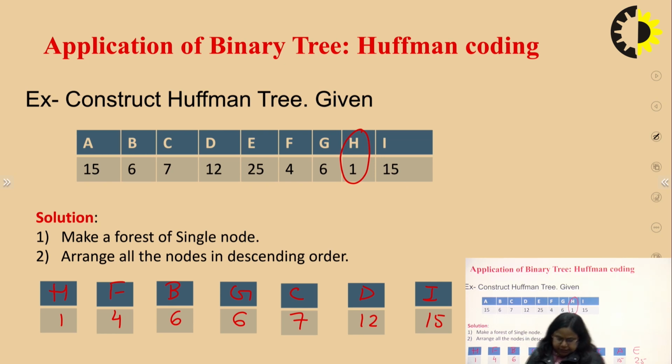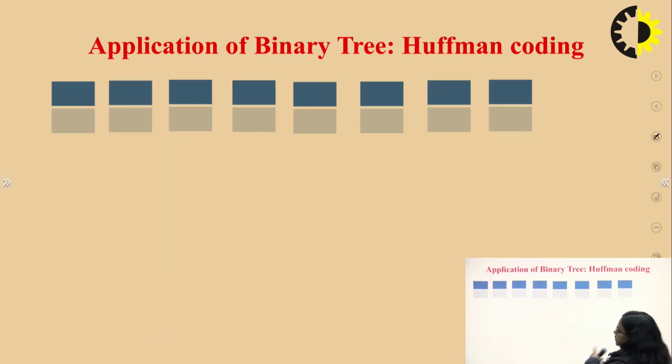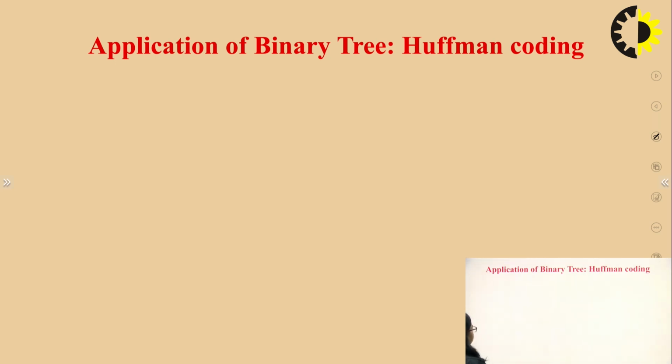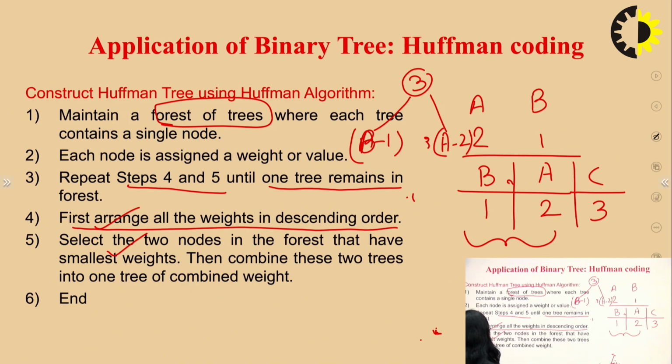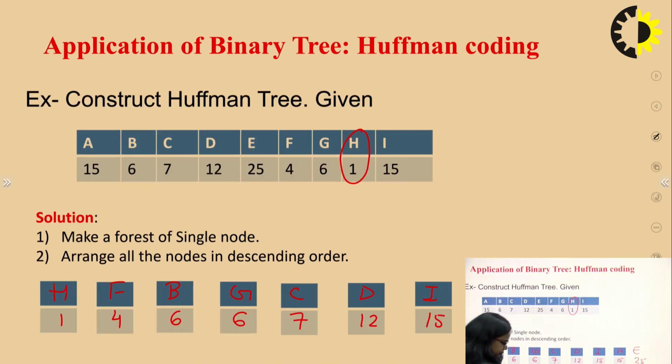After arranging the nodes, first of all we have to generate the tree. Taking the minimum weights from the previous question, H and F have the minimum weights.